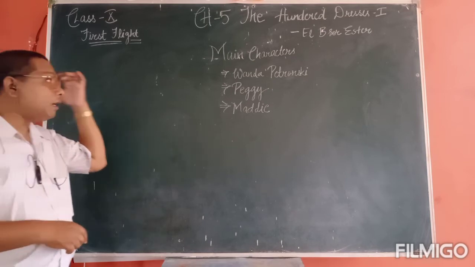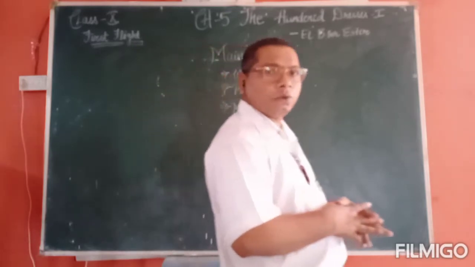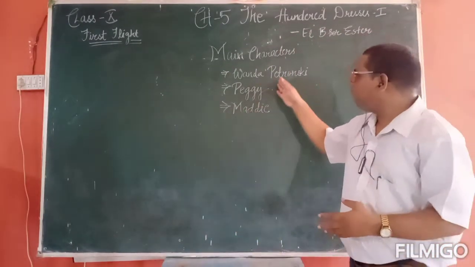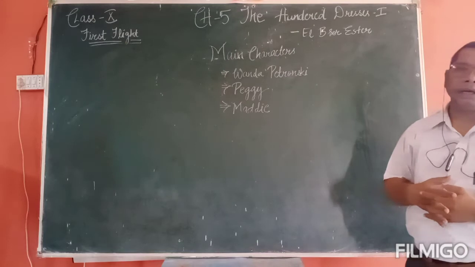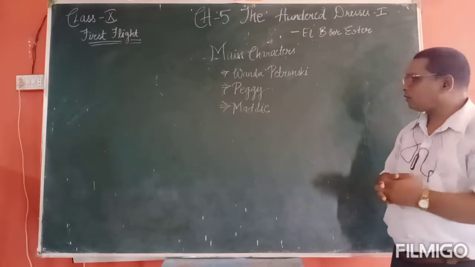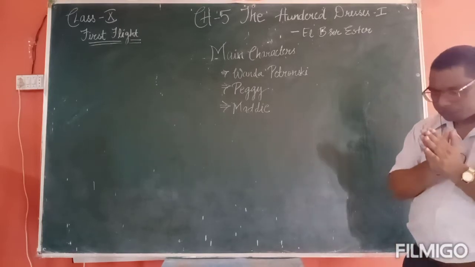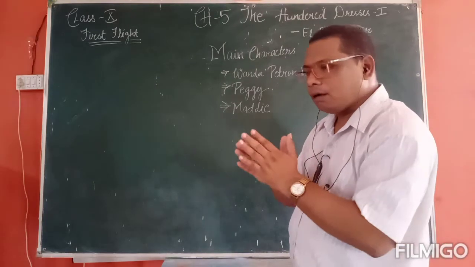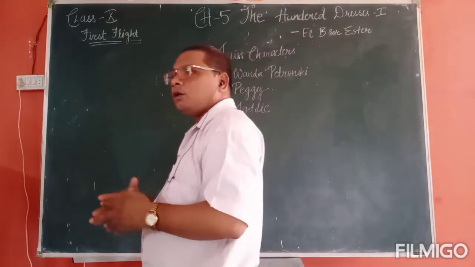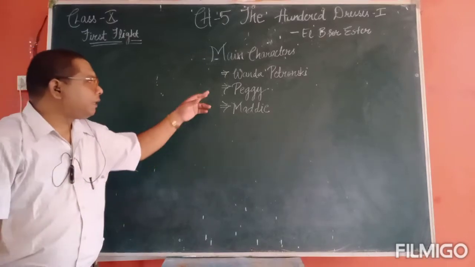Now Peggy and Maddie began to think about why this girl Wanda was not coming to school. On Wednesday, they waited outside the school. They wanted to meet her because most days, when they were coming to school, before school time, they were teasing her a little bit.